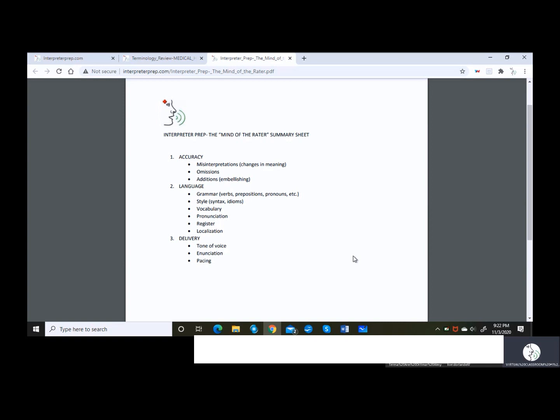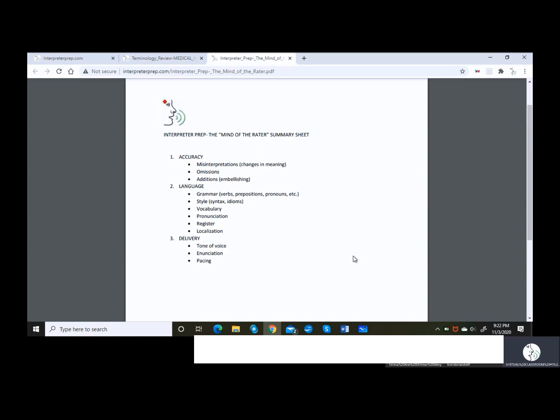All the same, I will try to guide you if I notice something, but it is out of the scope of this course to teach verbs, prepositions, pronouns. But I do have to mention them because they do look at that.